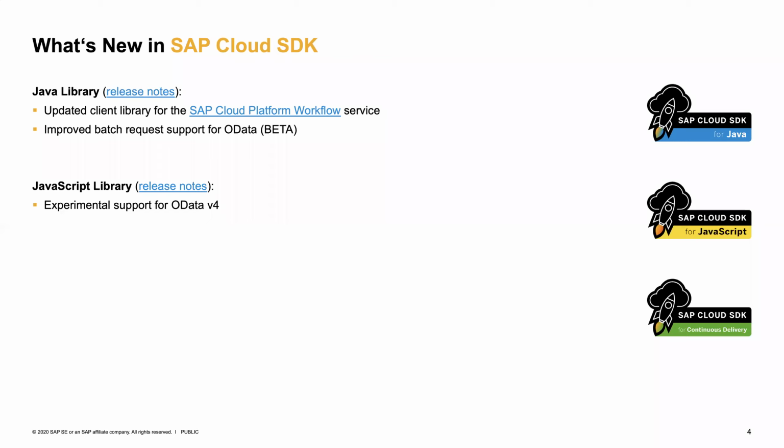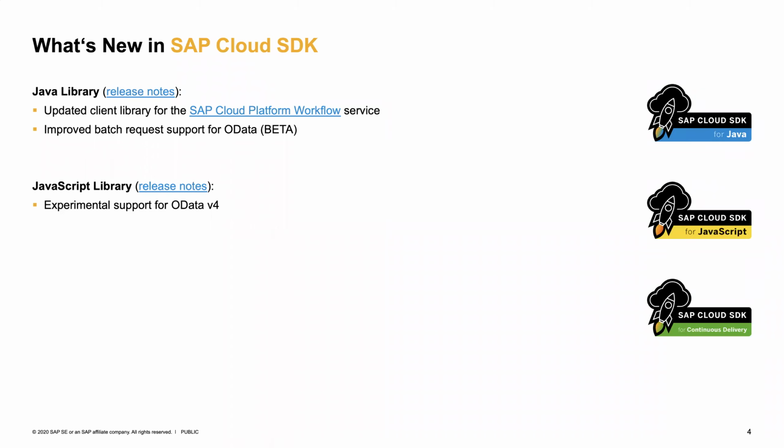As we presented a few calls back, we are able to actually ship also client libraries for different services. And in this case, this workflow service is supported out of the box with SAP Cloud SDK, so that if you plan to use this service in your project, you can use it directly over the appropriate dependency for your Maven project.